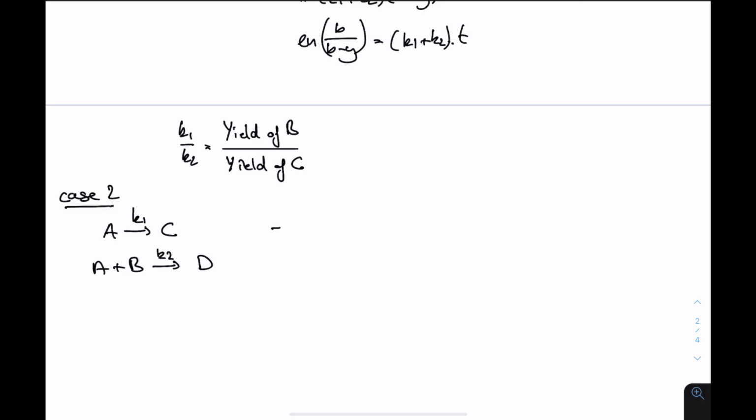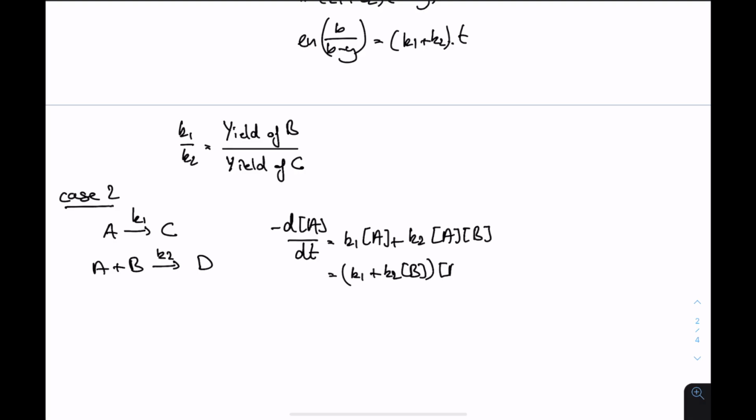So the reaction rate dA/dt is K1 times A plus K2 times A times B. So we have K1 plus K2B times A.